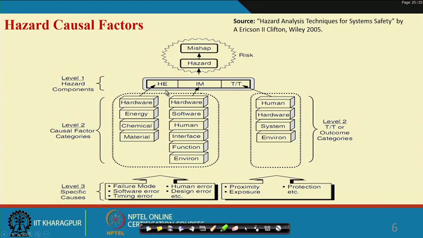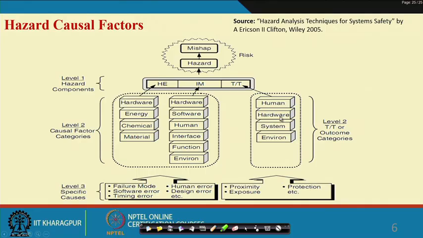Then, when you see the hazard element, these are nothing but the sources or resources for the hazard. So this is basically hardware, energy, material, chemical, all those things. Then you require initiating mechanisms to happen. These are also related to hardware, software, their interface, humanware, function, environment. And the target and threat are actually property, people and environment.